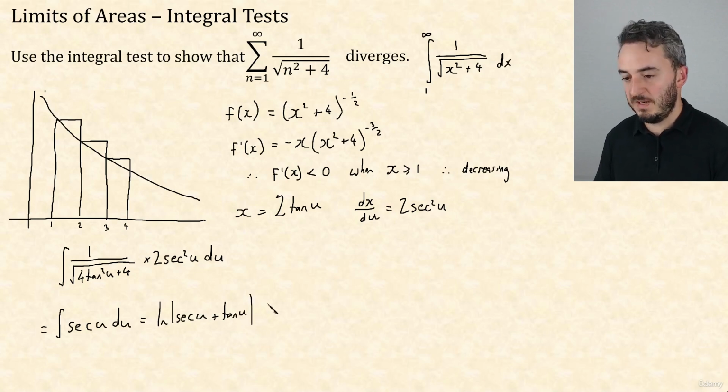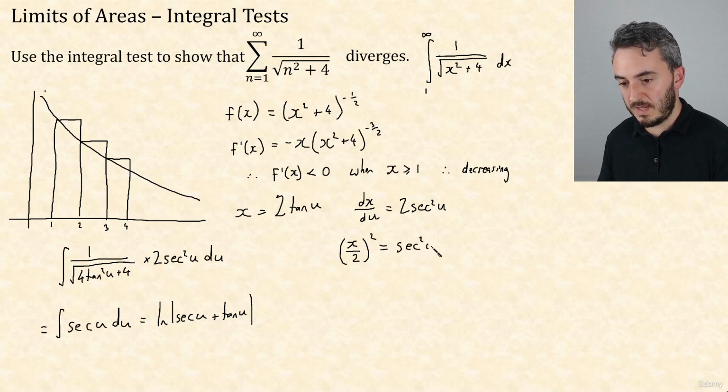Okay, let's convert this back into x in the following way. The tan u is fine, that's just x over 2. What about sec u? Well, let's see. x over 2 squared is tan squared u, which is sec squared u minus 1.